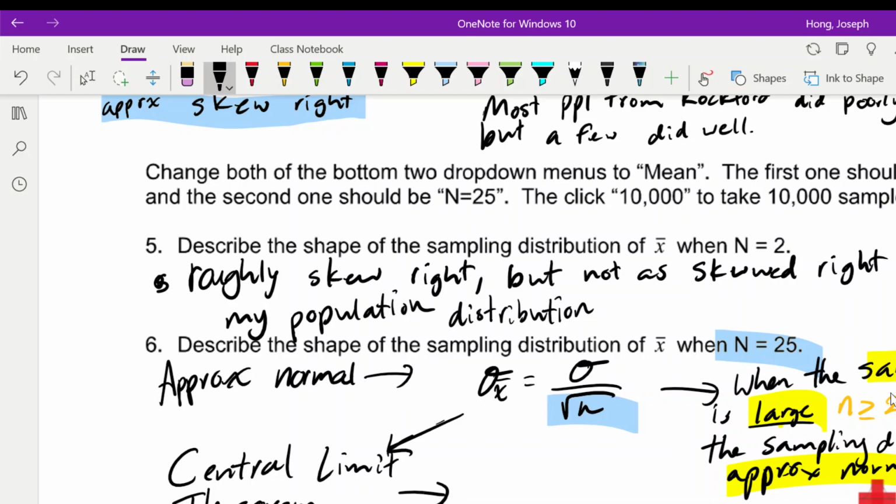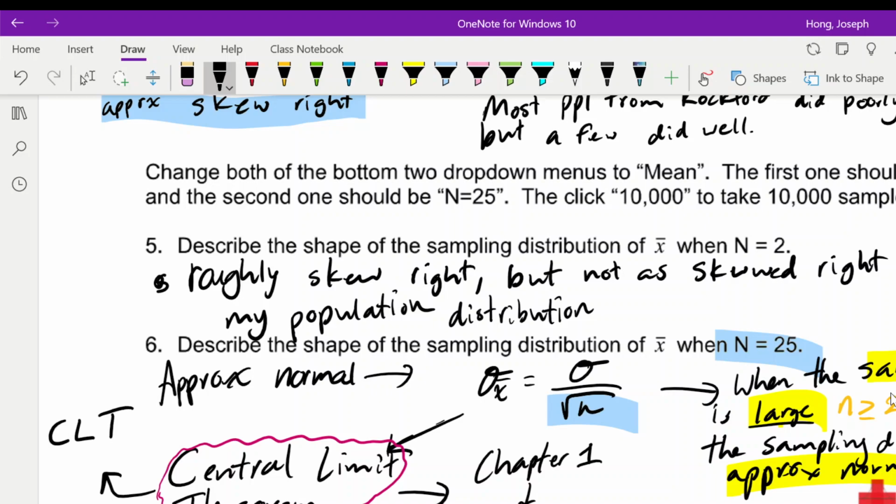The reason we use the central limit theorem a lot is because this really points back to chapter 1, which is using the z-score to find the area, which is pretty much the probability. So the central limit theorem enables us to use previous learning in our current learning. This is going to be used heavily on AP Stats. We're always going to refer to the central limit theorem as CLT.